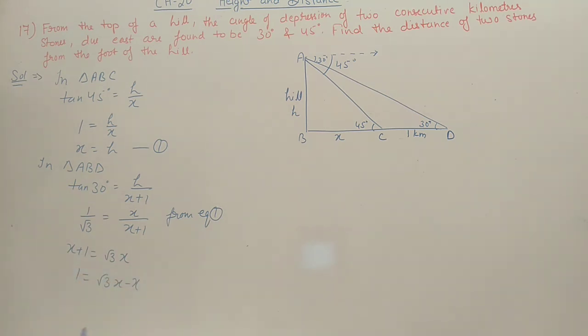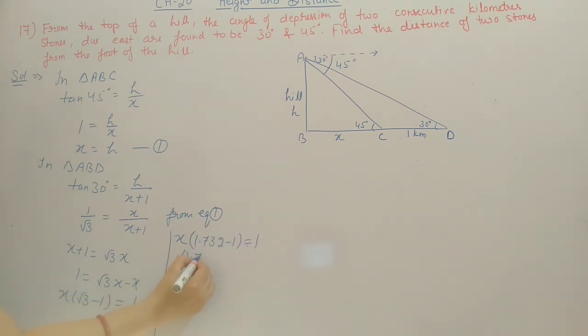We can take x as common, then we will get x times root 3 minus 1 is equal to 1.